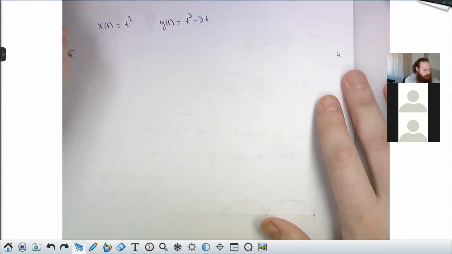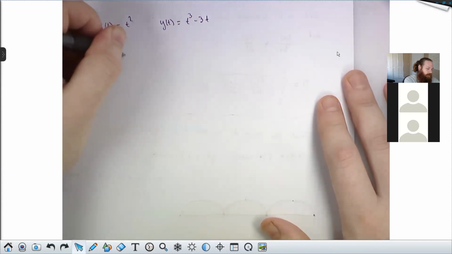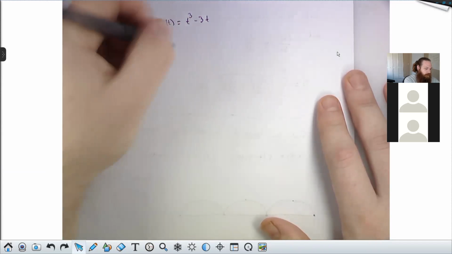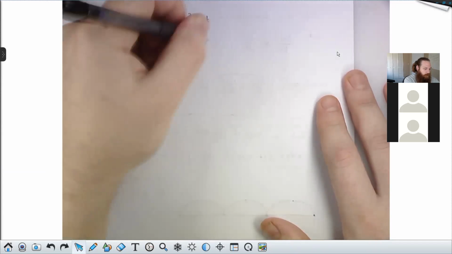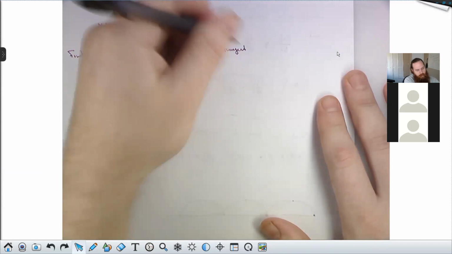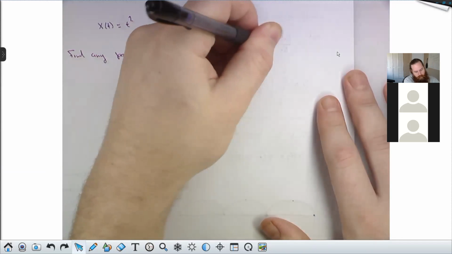And let's find any points, x comma y, where the tangent line is horizontal.